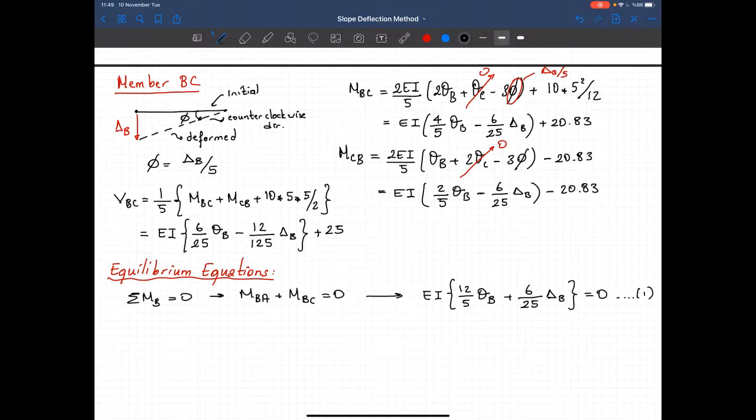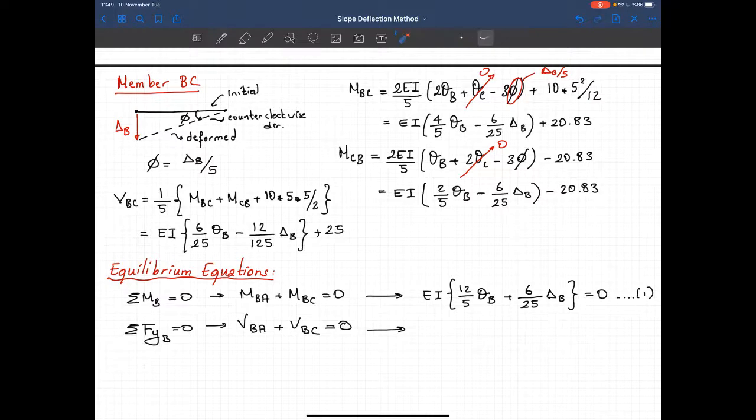The second equilibrium equation: the sum of forces in the y direction at B must be equal to 0. So this tells me that VBA plus VBC must be equal to 0.